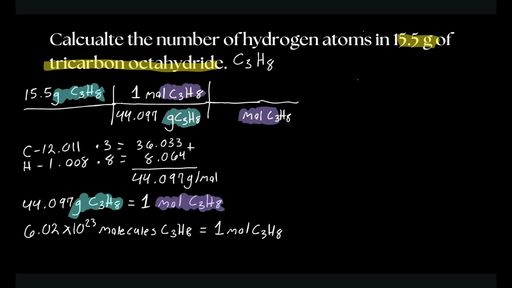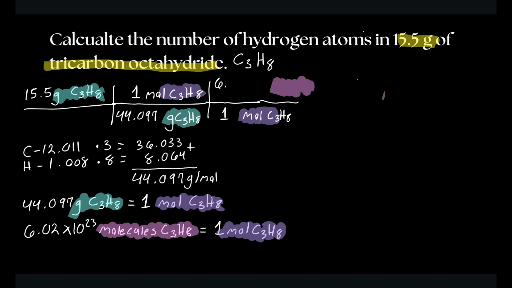This mole of our C3H8 can be placed in the setup. And then we have our molecules, which is what this is equal to, and that will go on top. So the 6.02 times 10 to the 23rd molecules of our C3H8.